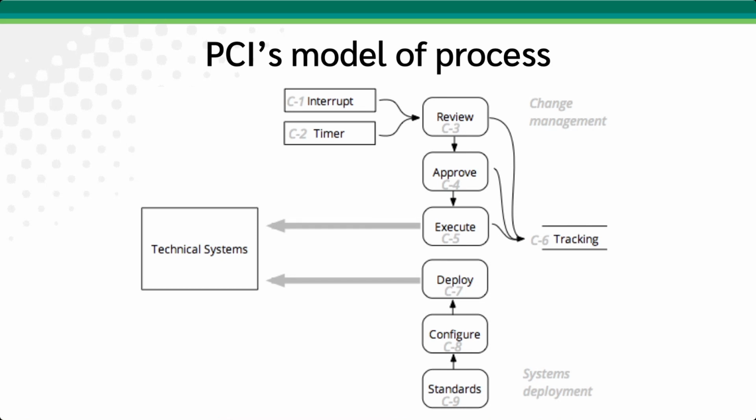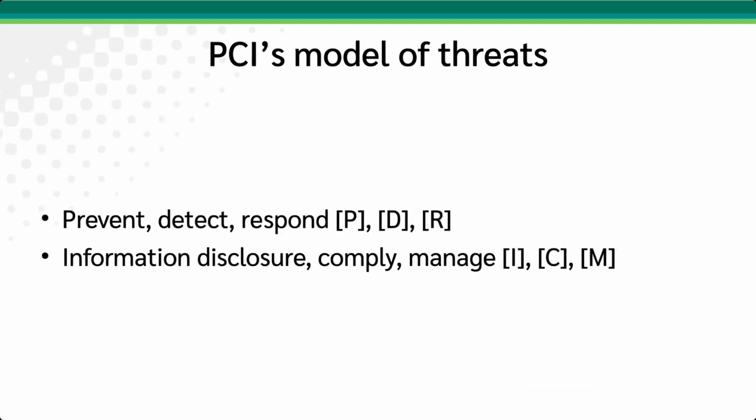And their model of system deployment is we have some standards which influence your configuration, which influence your deployment. And all of this feeds into those pesky technical systems which realize the way in which the system is actually deployed. Their model of threats is actually quite interesting. They're very focused on what I think of as a prevent, detect, respond model.